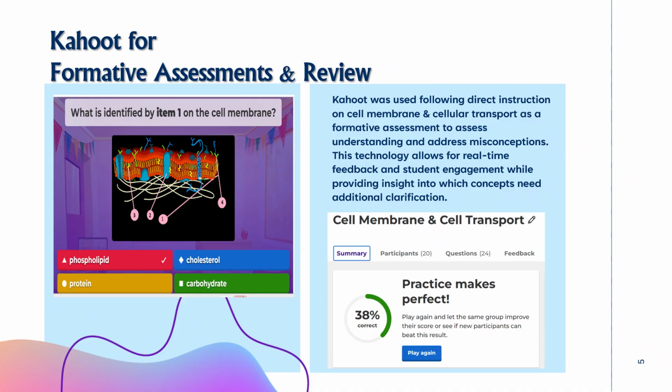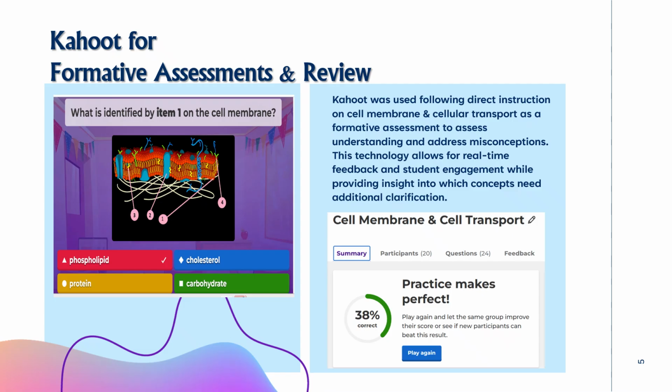Kahoot. This example comes from a lesson on the cell membrane and cellular transport. After teaching the content, I used Kahoot as a quick formative assessment to see what students understood before moving on. On this slide, you can see examples of the questions and student response data.